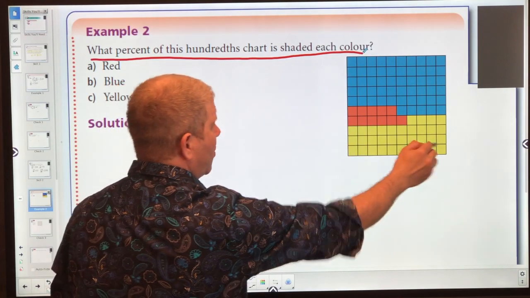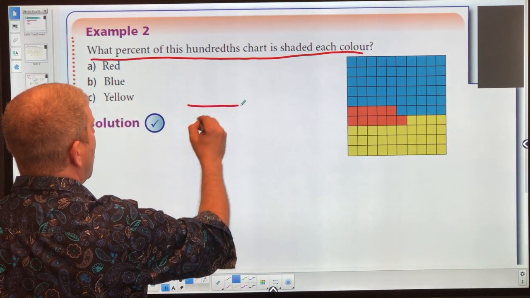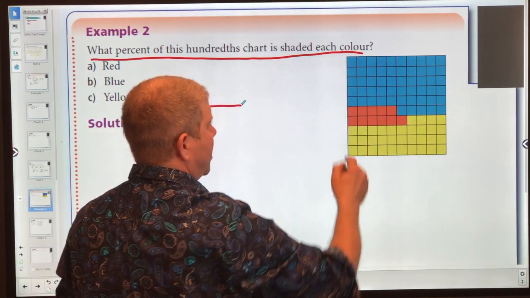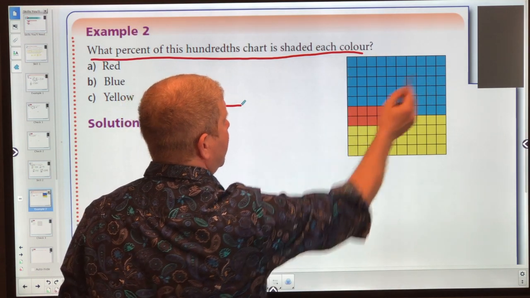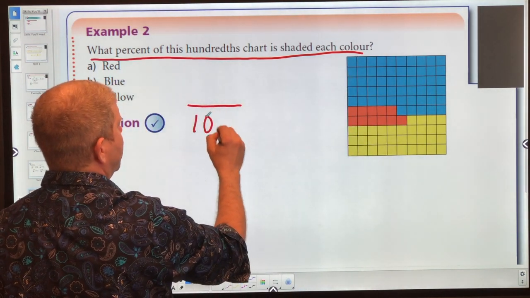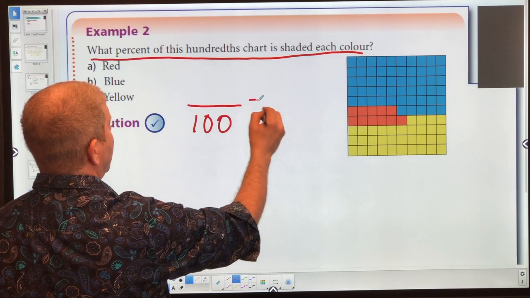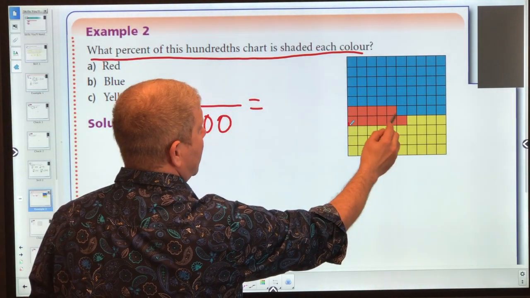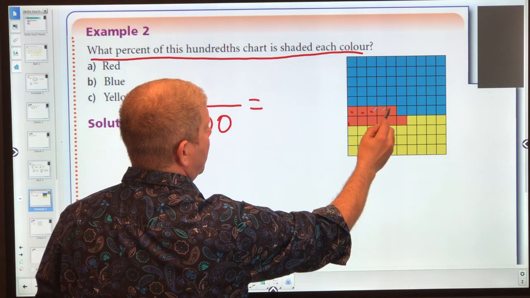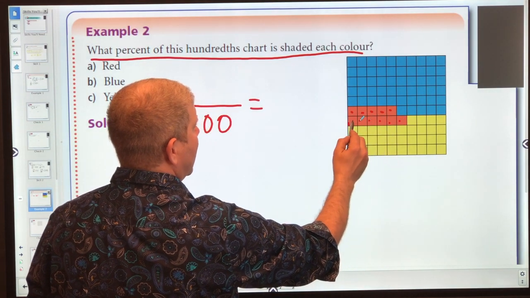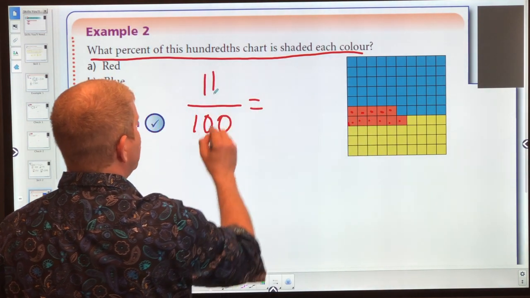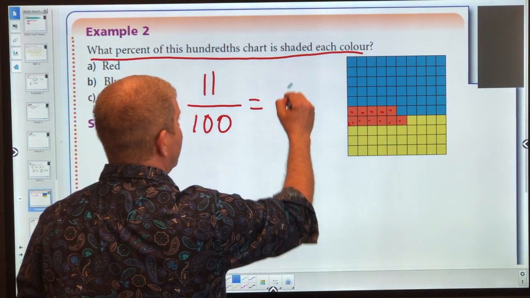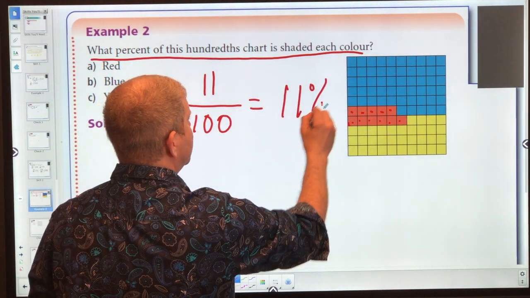When we look at the chart, we need to find the total number of squares. You can see it's a 10 by 10 grid, so we know that there are 100 squares. When we're talking about the red, we're going to simply count up the red squares: 1, 2, 3, 4, 5, 6, 7, 8, 9, 10, 11. So I have 11 squares over 100 that are red. Therefore, 11% of these squares are red.